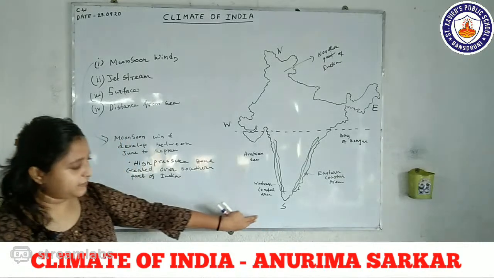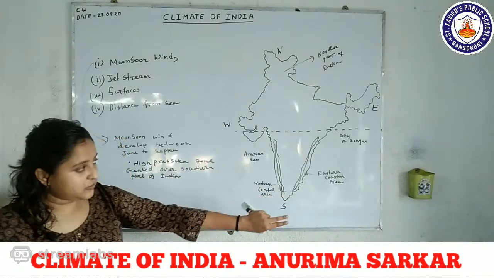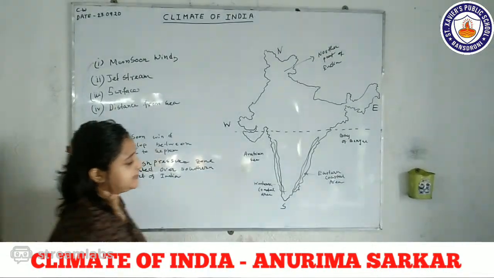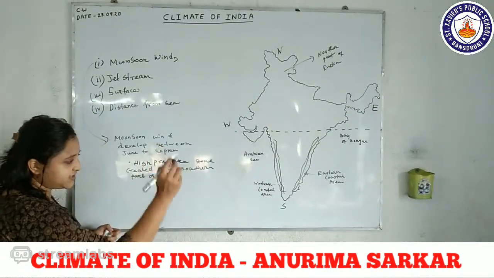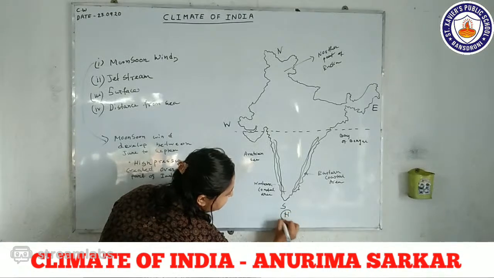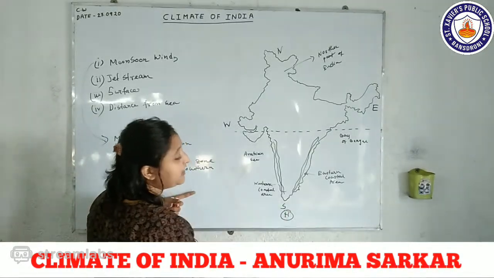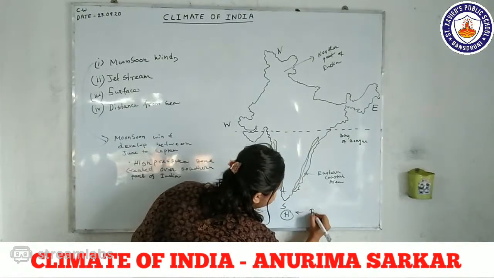We know that there is a frontier or boundary zone between Sri Lanka and India. In that part the high pressure zone is created. I just marked the high pressure zone as H.